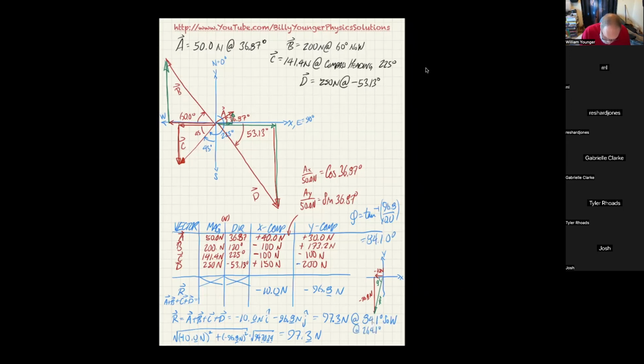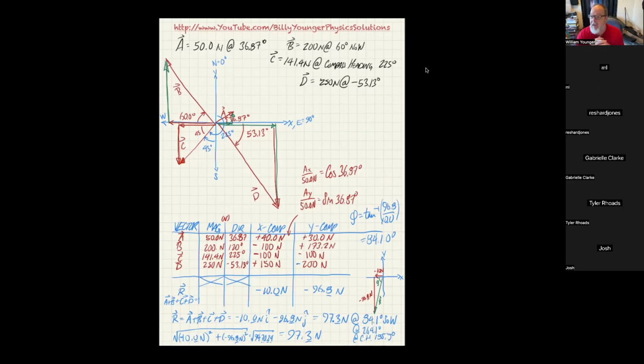That's just standard notation. I could do it that way. I could also say it's a compass heading of 180 plus 5.9, so 185.9. So compass heading 185.9 degrees. All of those are different ways.